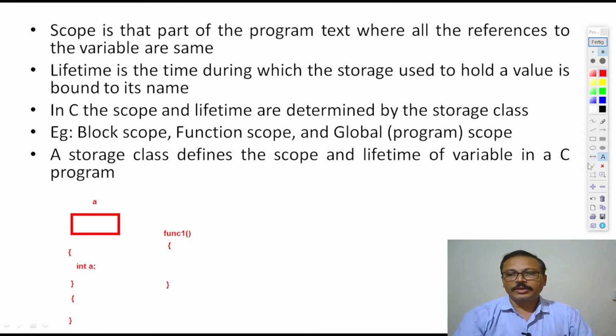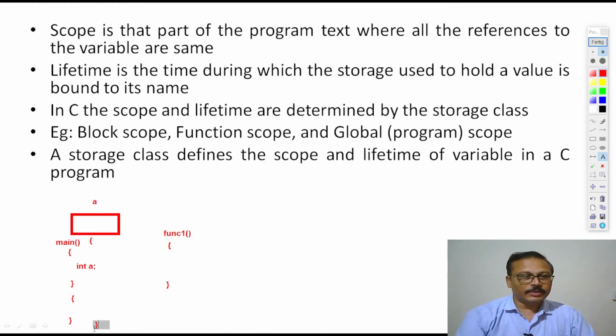Say this is the main function, and say it starts here, and let us say it ends here. Now block scope means you are able to access A only within these flower brackets. You cannot access it here, or here also.